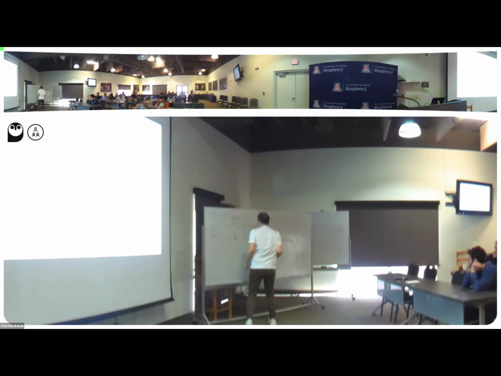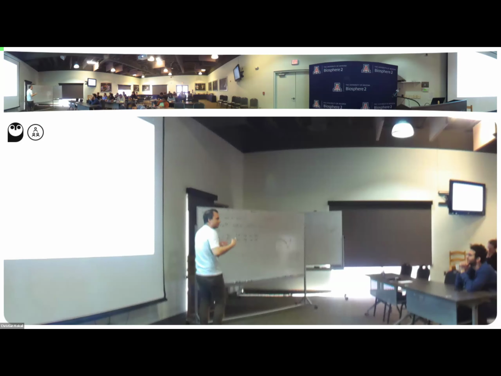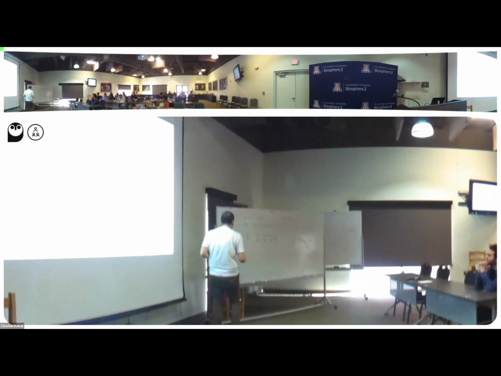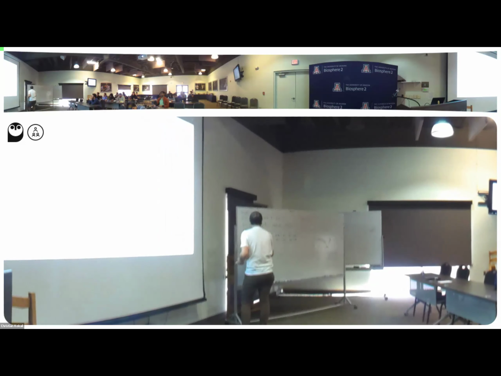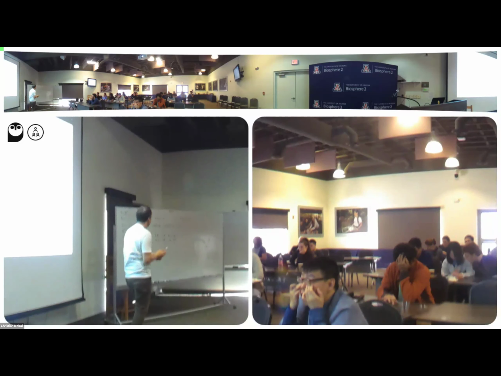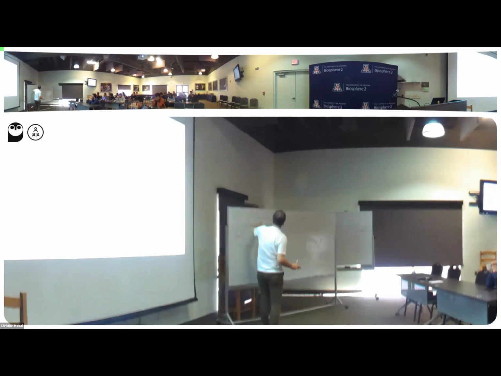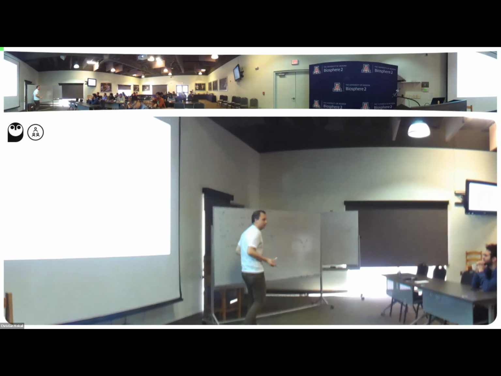Clifford gates transform Pauli operators into Pauli operators. So if you apply a Clifford unitary to some Pauli operator, you get a new Pauli operator. You see this all just transforms Paulis again into Paulis.